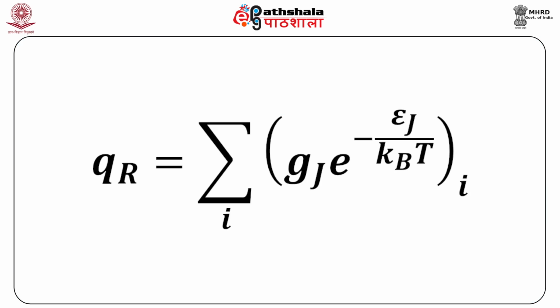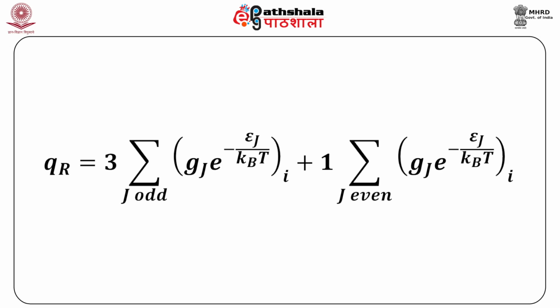If you look at the partition function of the hydrogen molecule, especially the rotational partition function, the general expression is as shown here, Q_R is equal to summation over j of g_j e to the power minus epsilon_j upon k_B T. That means it is over all rotational states.